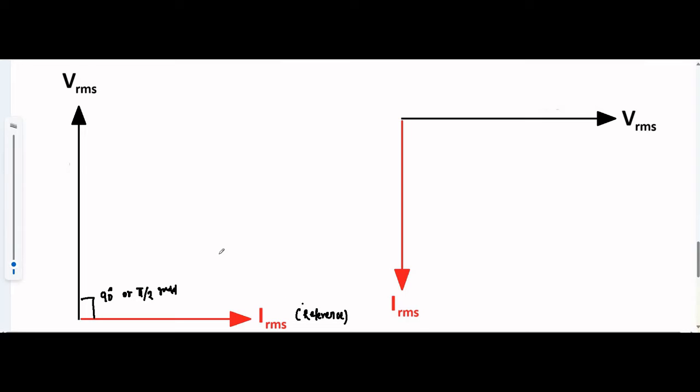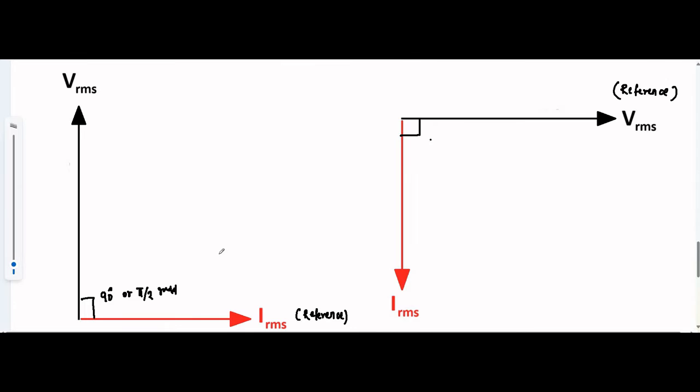Now if we change the situation and go the second way, we take VRMS, the RMS value of the applied voltage, as the reference phasor, taken parallel to the positive x-axis. Here current lags behind the voltage by pi by 2 radian or 90 degree, so it is at the bottom, like this.